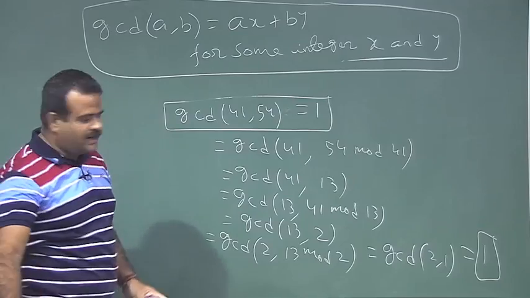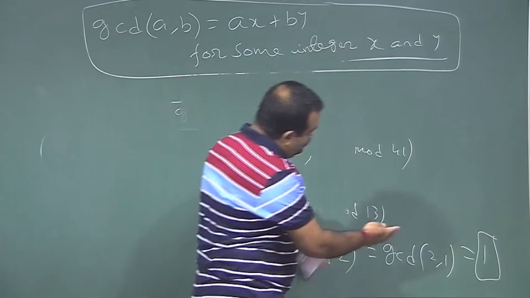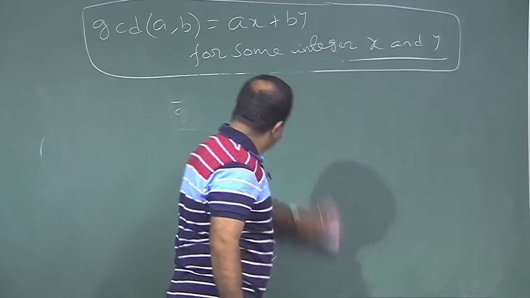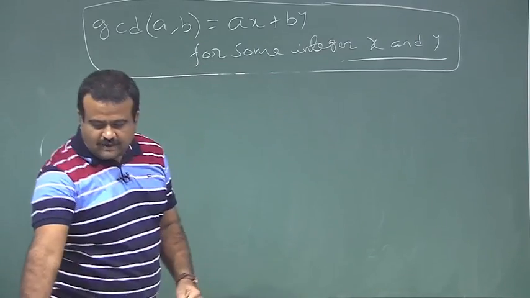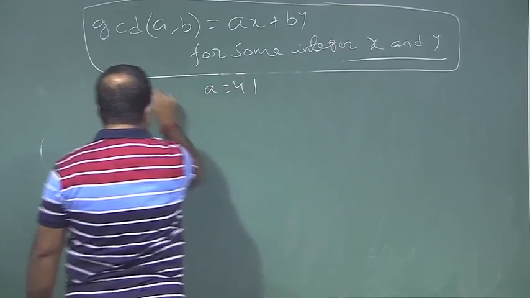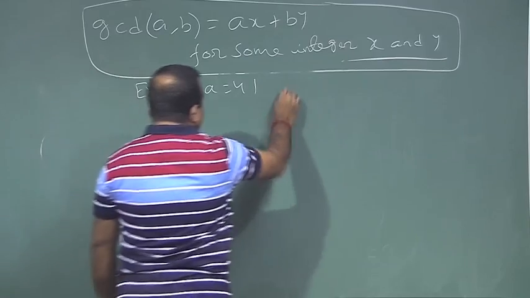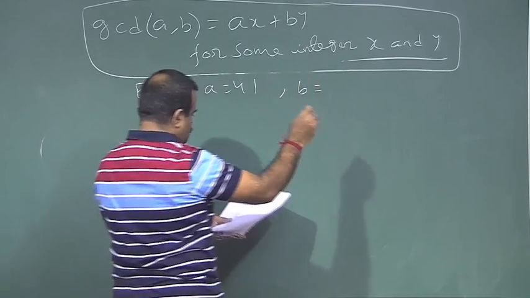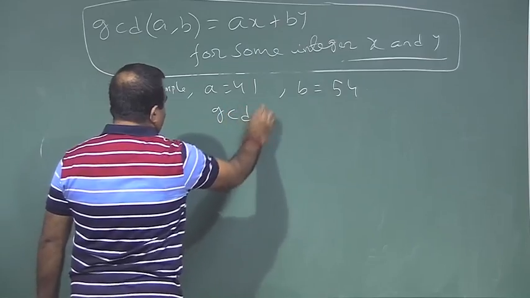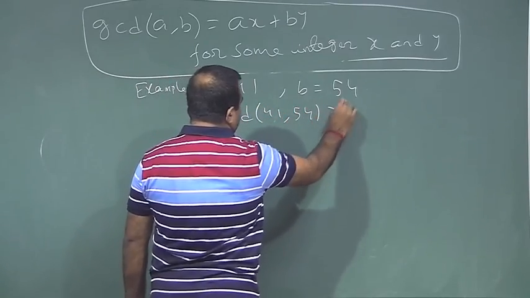The GCD is 1, so 1 must be written as follows. In our example, a is 41 and b is 54, and we have just seen the GCD of 41 and 54 is 1.